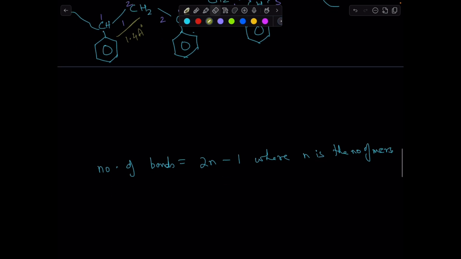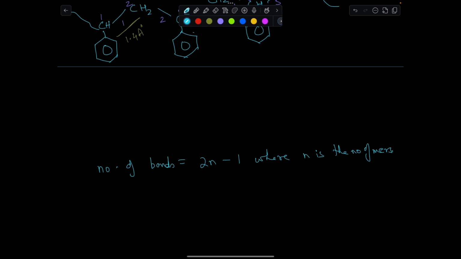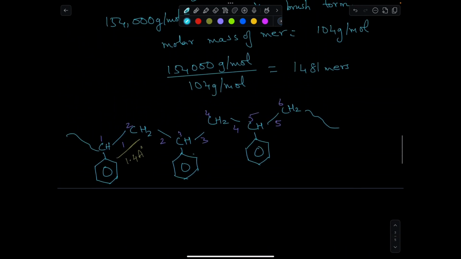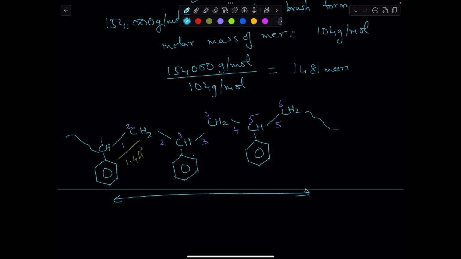So we can say that the distance between 2n minus 1 bonds would be 1.4 times 2n minus 1 times, if you see, this is not linear. This is not a linear chain, but it is zigzag. And carbon is sp3 hybridized here. The bond angle is 109.4 degrees approximately.